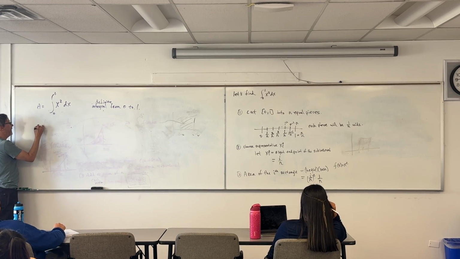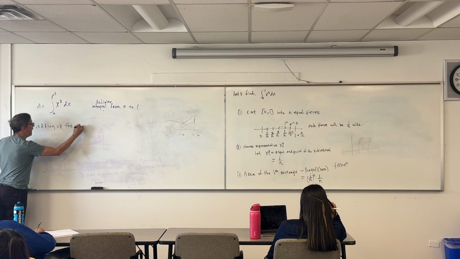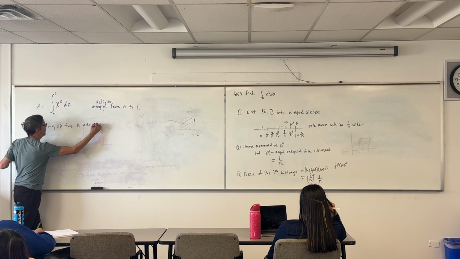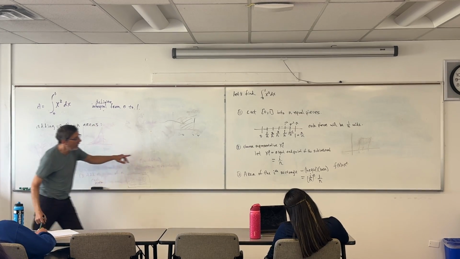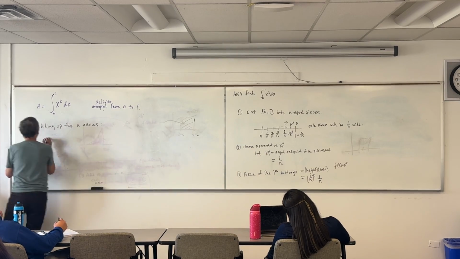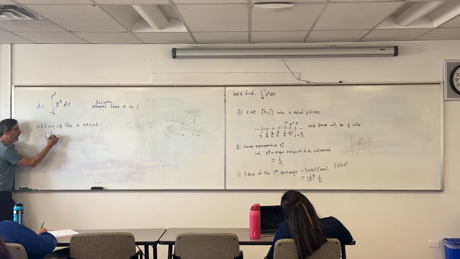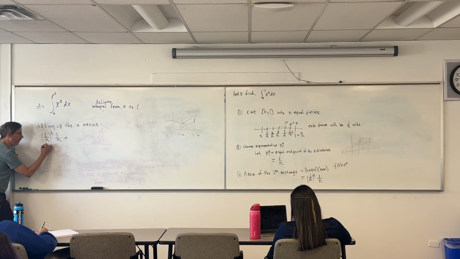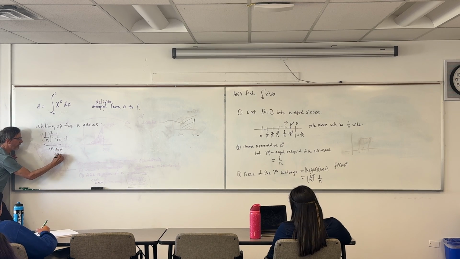So adding up the n areas, the first one is when i equals 1. So it's 1 over n squared, that's how high it is, times the base. That's the first rectangle area.